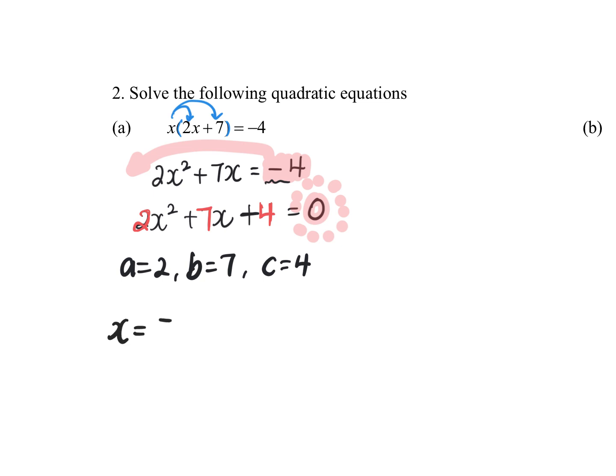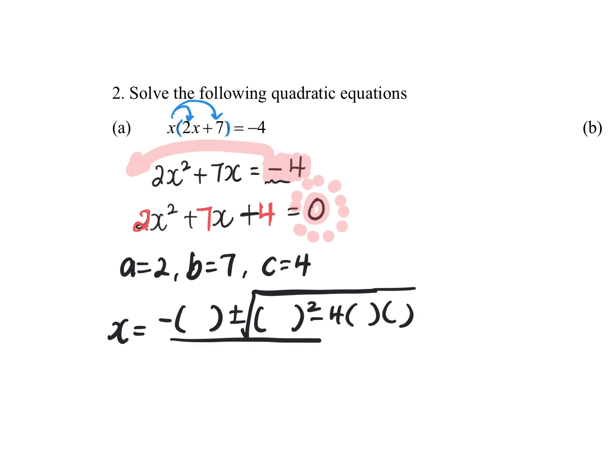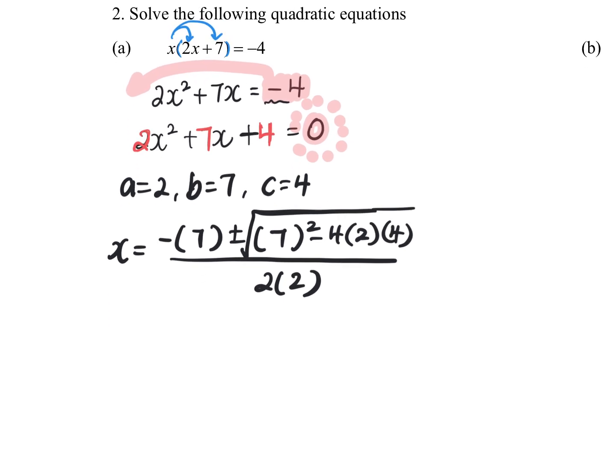X equals to negative b plus minus, two answers, square root of b squared minus 4ac, out of 2a. Then plug in your values. Alright, and then calculate the two answers.